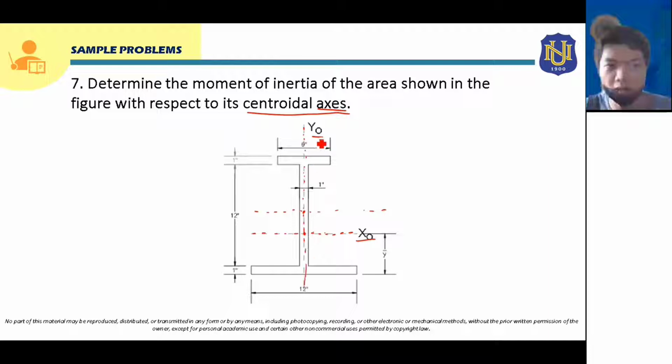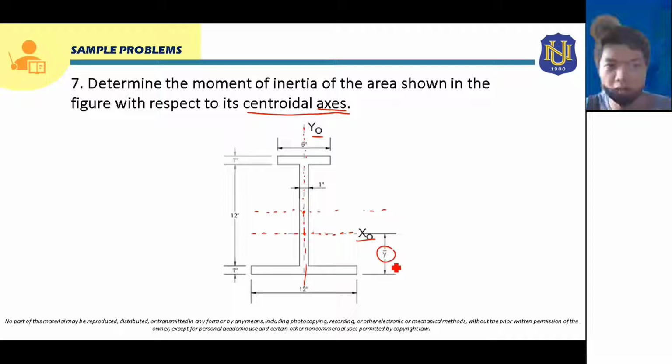Again, class, we're going to determine the moment of inertia with respect to these axes. In this case, the problem did not give us the exact location of x sub o, I mean it did not give us the value of this y bar. So we have to determine this y bar first.